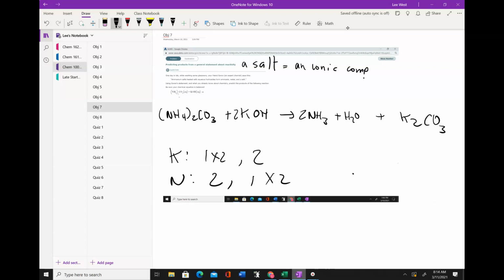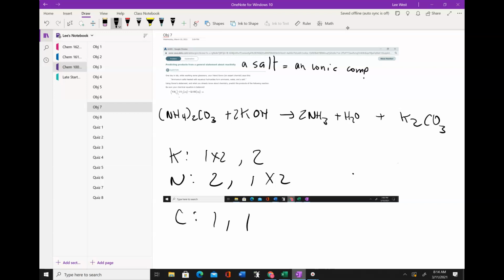So let's see how things look from here. I always like to do hydrogens and oxygens last, so we'll see how that goes. I've got 1 carbon on the left and 1 carbon on the right, so it would be best if I didn't have to mess with the carbons at all, because that would mess up my K2 and my carbons.